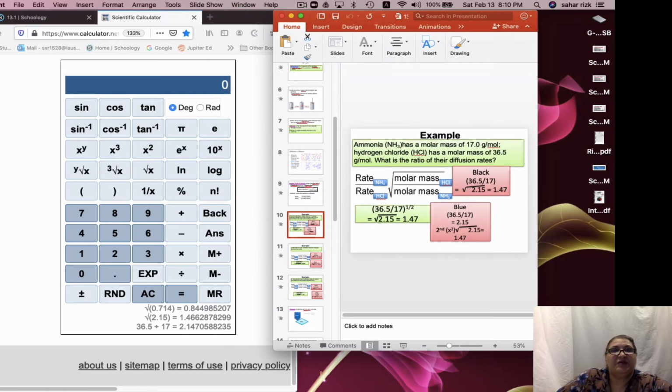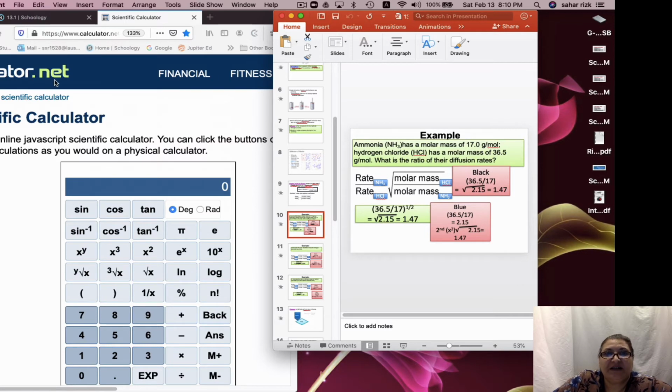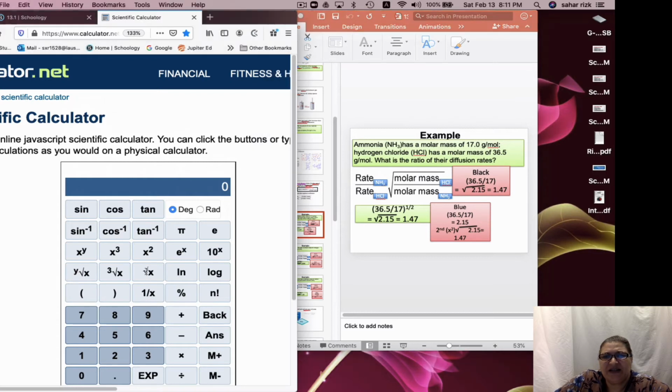We used this one before, calculator.net, scientific calculator. You see where it says the square root of x? That's the one we're going to use right now. So press square root of x, and we put 36.5 divided by 17, and it gives us the same number, 1.47.